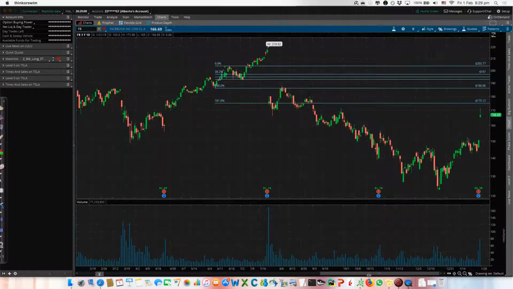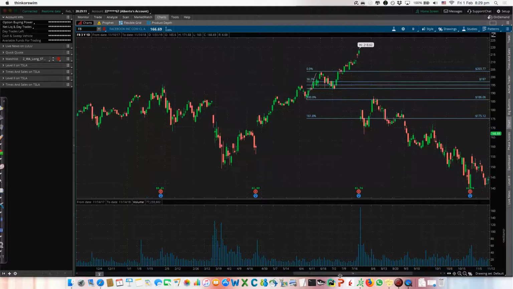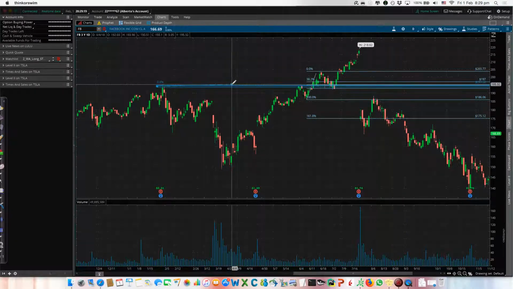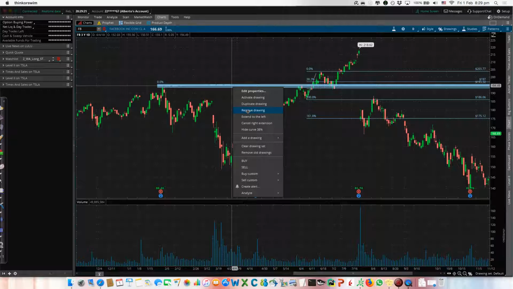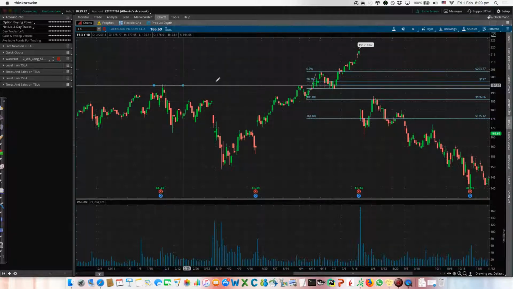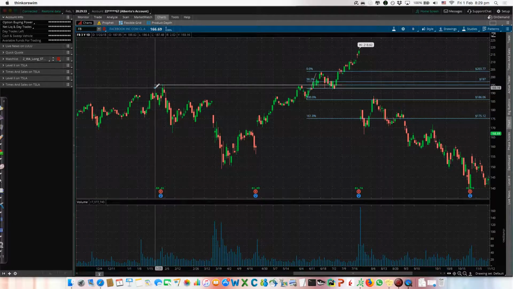Then if you look at the price, you may realize also that this level was somehow a resistance. Sorry, I have to use the horizontal. Yes. So you see this level around here, this area, I would say.